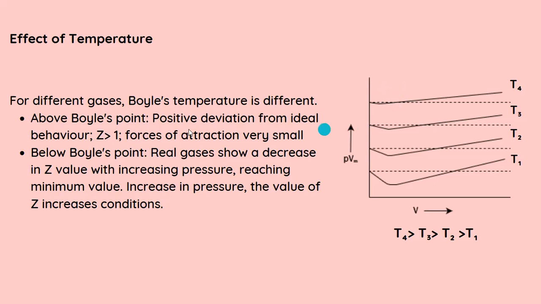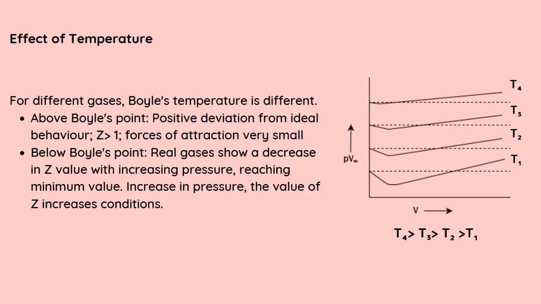You have two conditions. Above Boyle's point, you will have Z greater than 1, so the forces of attraction are very small. If you remember, when we talked about the values of Z in relation to compressibility, when Z was greater than 1, this meant that the gas is less compressible, and this is because of the forces of attraction being very small.